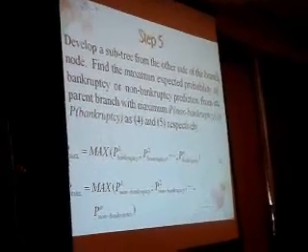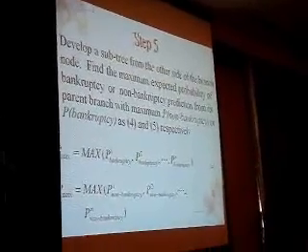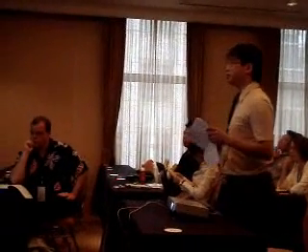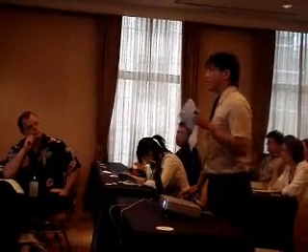Step 5. Develop a subtree from the other side of the branch node. Find the max mark expected probability of bankruptcy or non-bankruptcy prediction from its parent branch with max mark P non-bankruptcy or P bankruptcy.